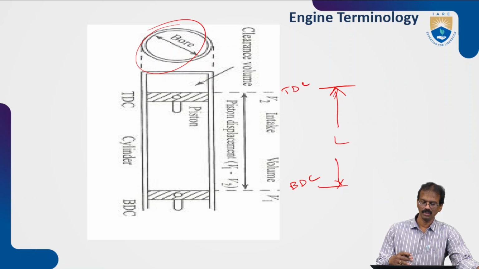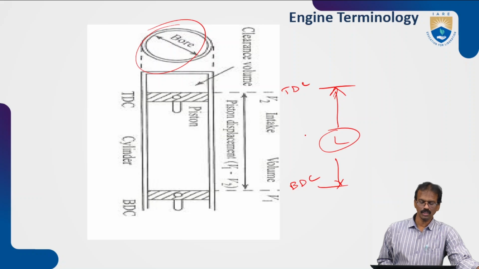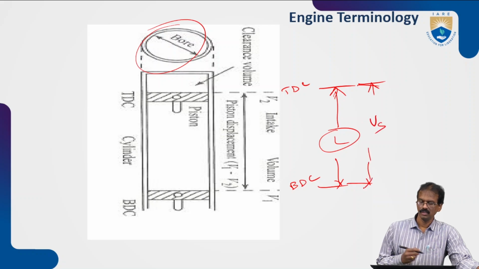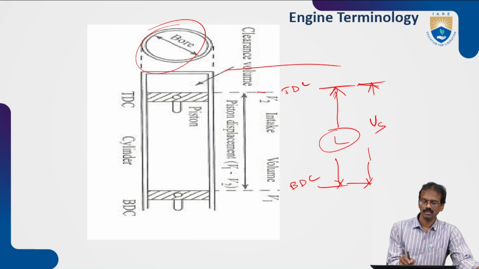Next, this volume which the piston will sweep is the swept volume, represented by Vs. Above this is the clearance volume Vc.